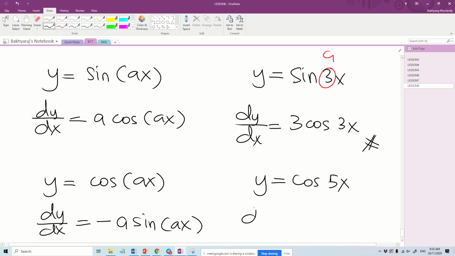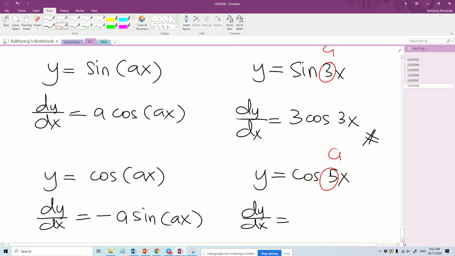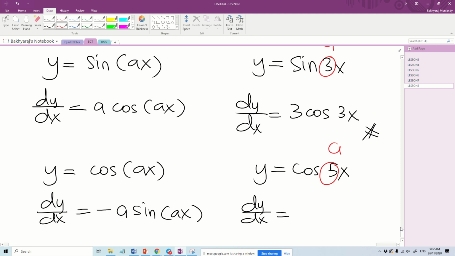Then my dy/dx will be equal, again my a is this time 5. So that will give me negative 5, and then cos changes to sin, so you get sin 5x.